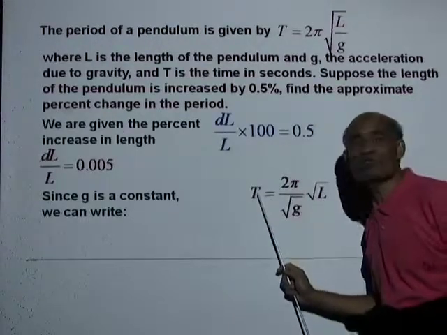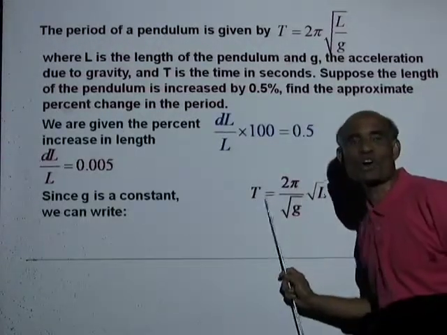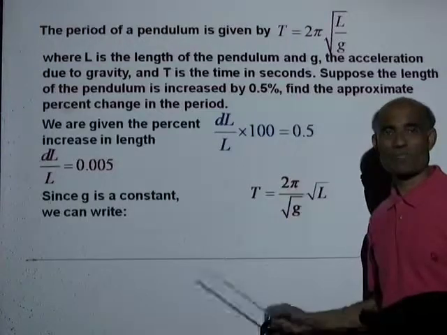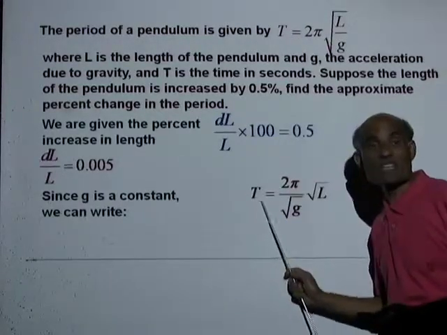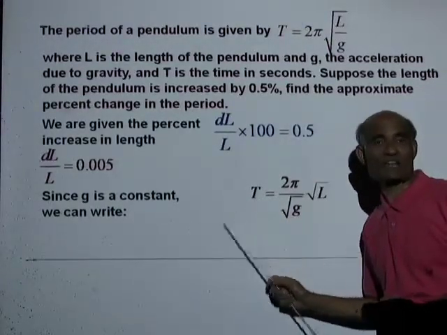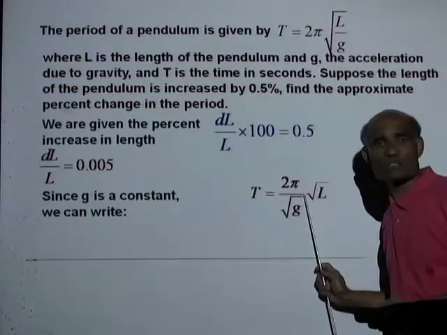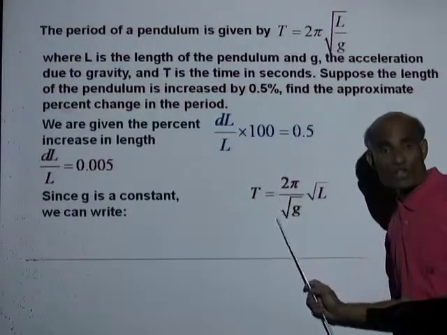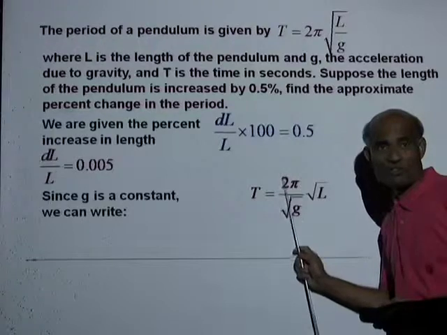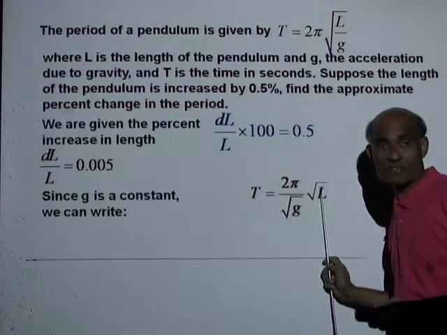All right, can you now find the differential of this? The differential of T is dT, so the left-hand side will be dT. How about the right-hand side? This is a constant, 2 pi divided by square root G will not change.